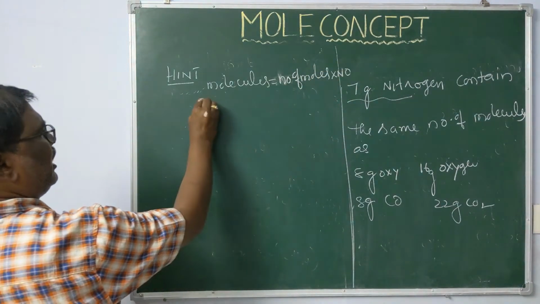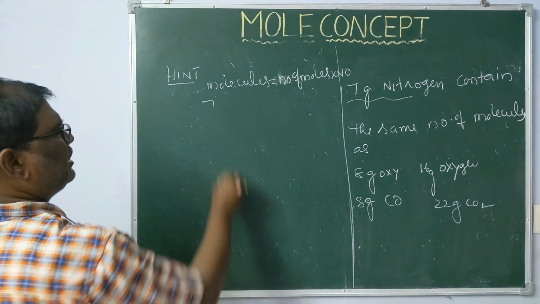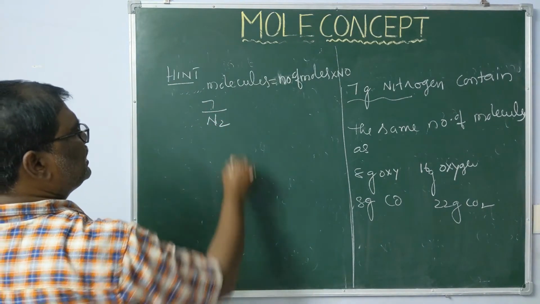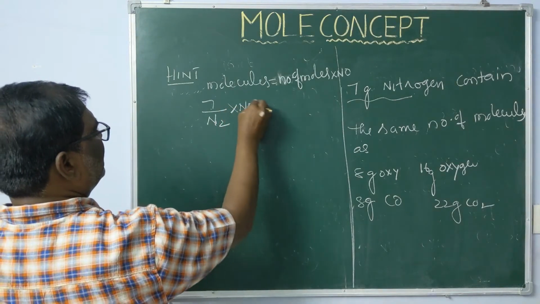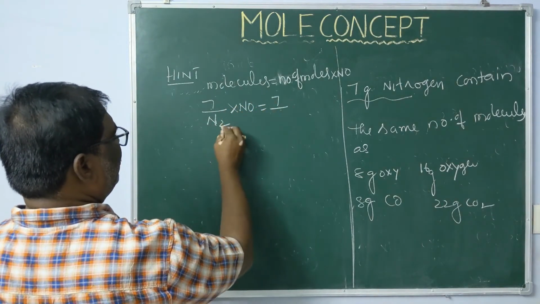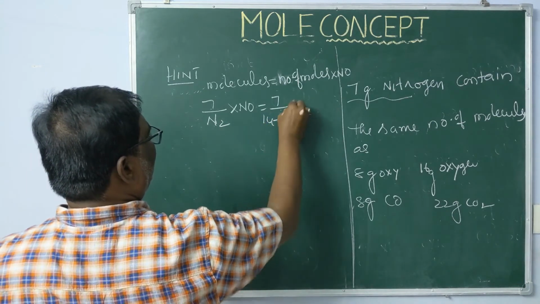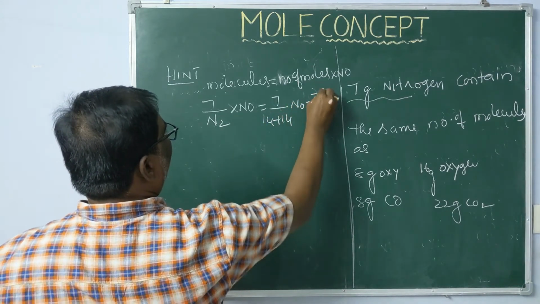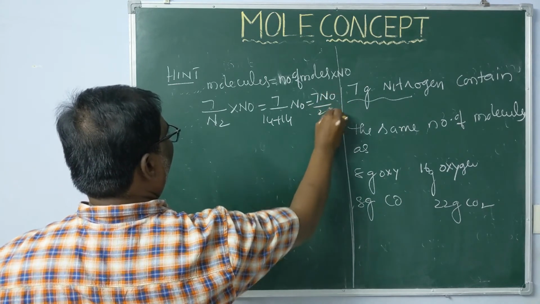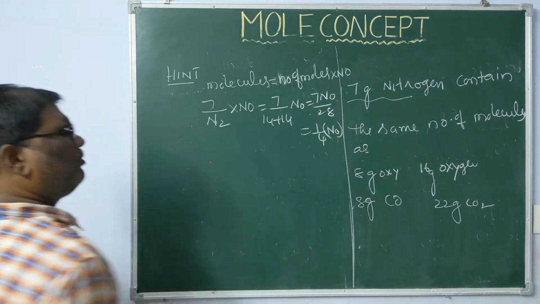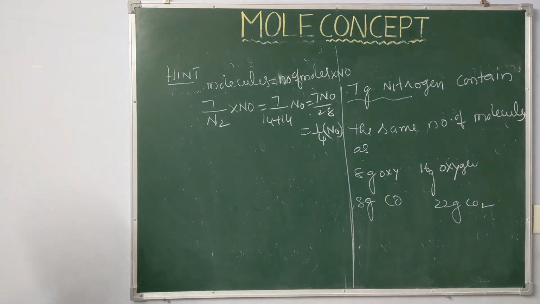Now 7 grams of nitrogen contain how many? 7 by 28 (14 plus 14) into Avogadro number. That means I am getting 1 by 4 mole.